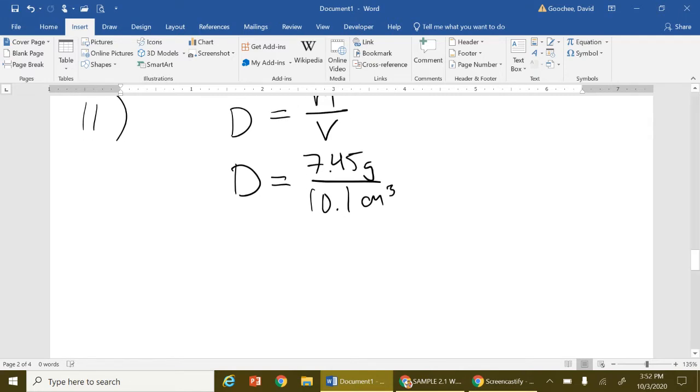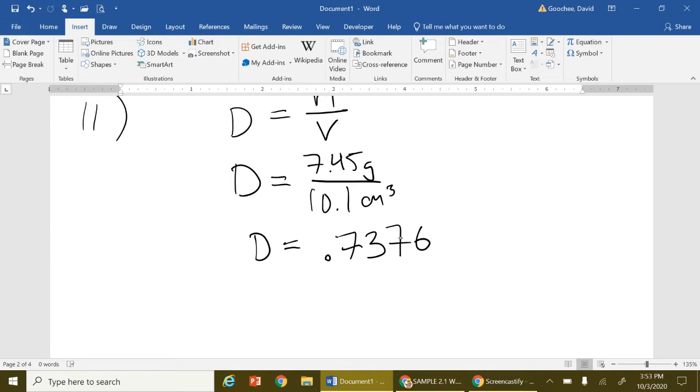I put that in my calculator and press enter. The density is equal to 0.7376. And what are the units? Well, with density, the units are whatever the units were for your mass and your volume.